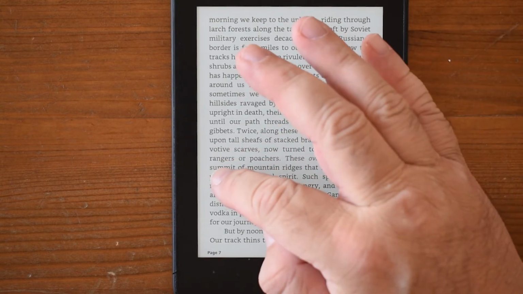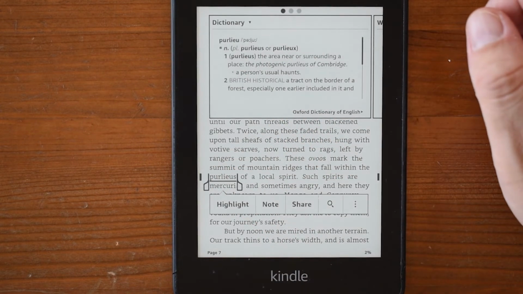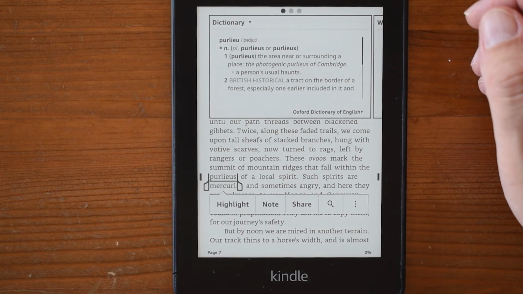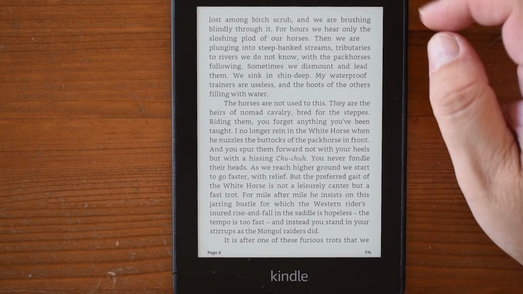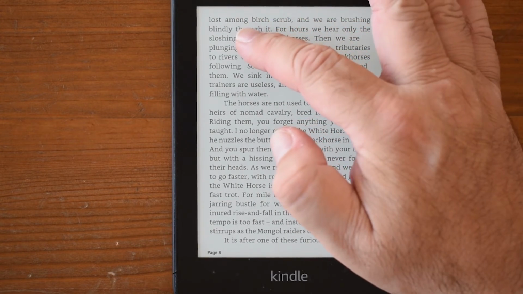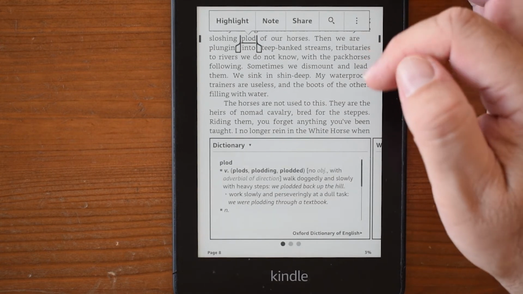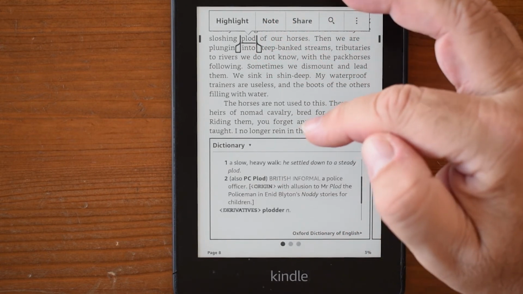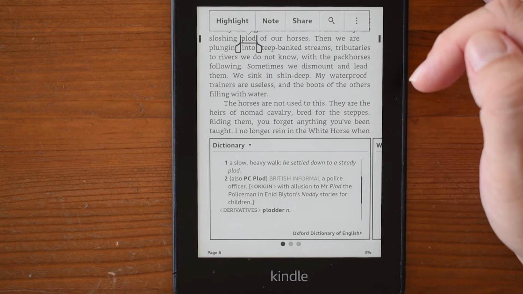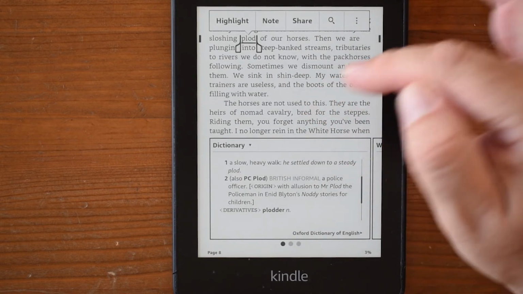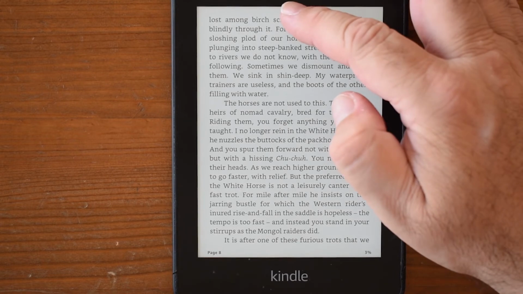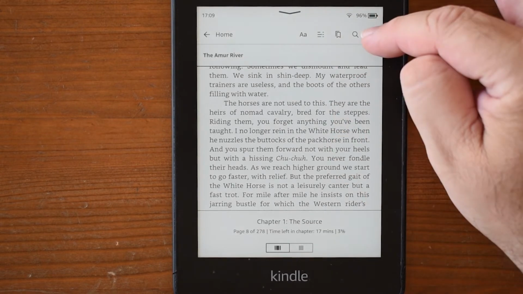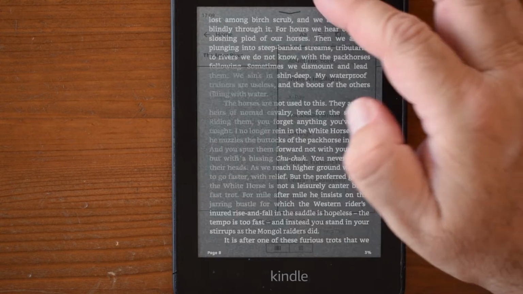And then the purlieu. I've seen this word, but I'm not quite sure. The area near or surrounding a place. Okay, I don't know what plod is. Plod as a noun, slow, heavy walk. So the slow, heavy walk of the horses. I think we have enough words now. So let's go and find this vocabulary builder.